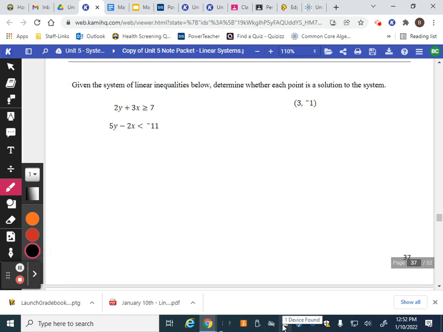All right, so new system of inequalities, new point, 3, -1 is our point, and we're going to test it the same way. So 2y plus 3x is greater than or equal to 7. 5y minus 2x is less than -11. We're going to plug 3, -1 in.